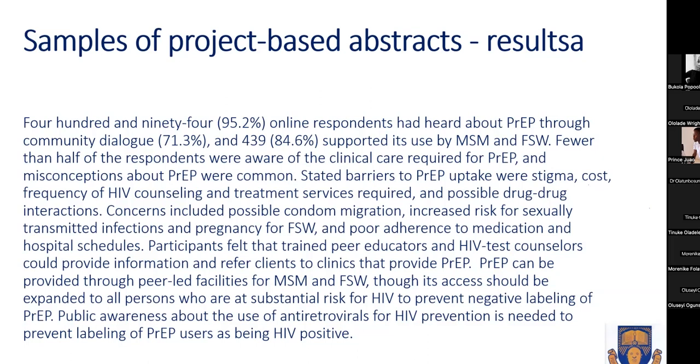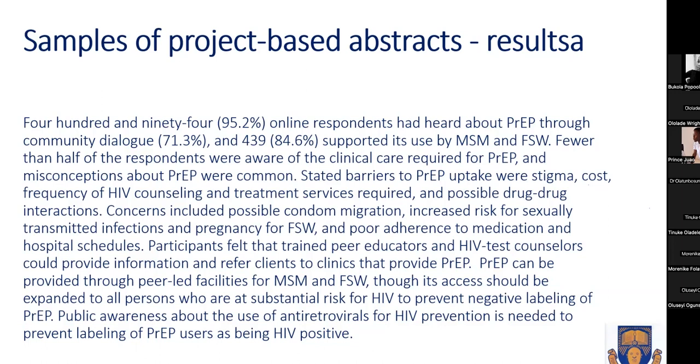The stated barriers to PrEP uptake were stigma, cost, frequency of HIV testing required, possible drug-drug interactions. Concerns include possible condom migration, increased risk for sexually transmitted infections and pregnancy for female sex workers, poor adherence to medication and hospital schedules. The participants felt that the training of peer educators and HIV testing counselors could provide information and refer clients to clinics that provide PrEP.